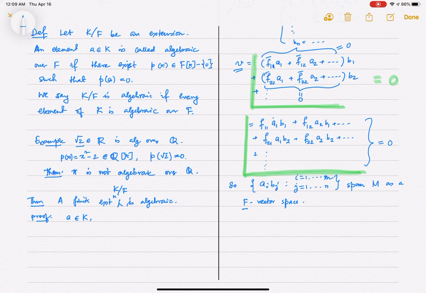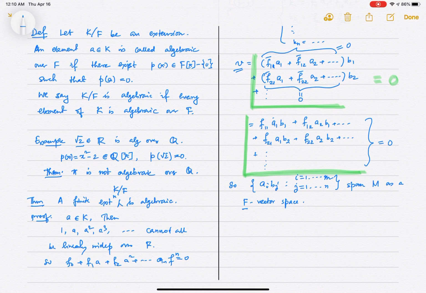You take A in K. Then K is a finite dimensional vector space over F, so 1, A, A square, A cube, etc. cannot all be linearly independent over F. So F0 plus F1 A plus F2 A square plus ... plus Fn A to the n is 0, for some F1, F2, ..., Fn in F. And there is a polynomial with F coefficients that your A satisfies.